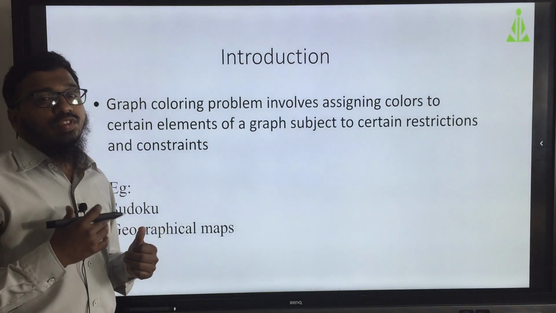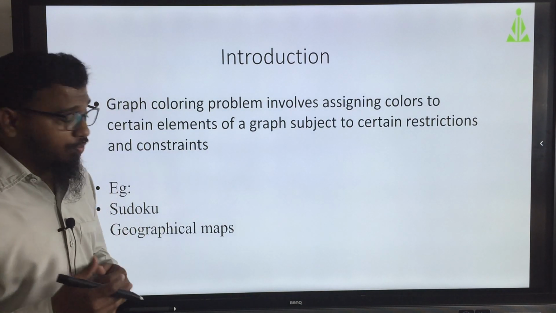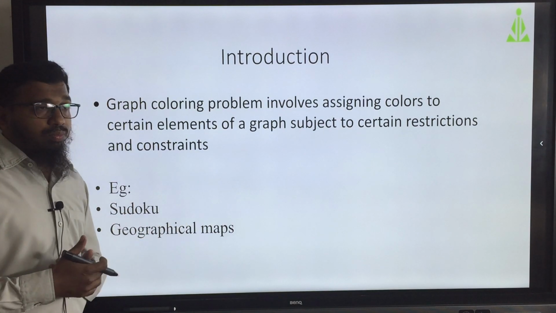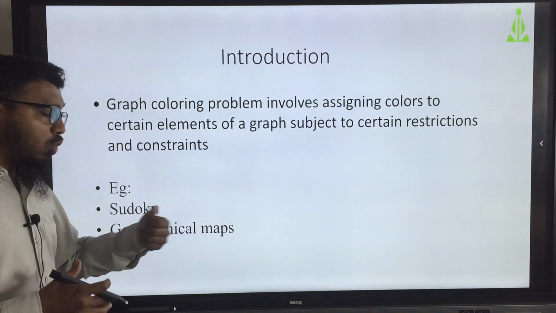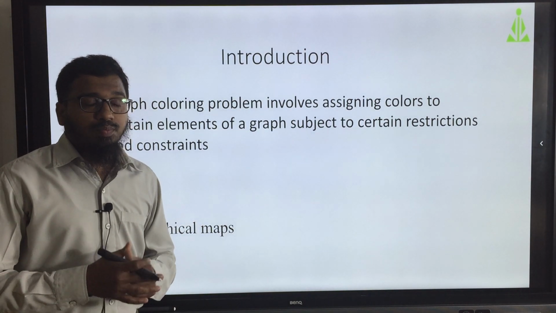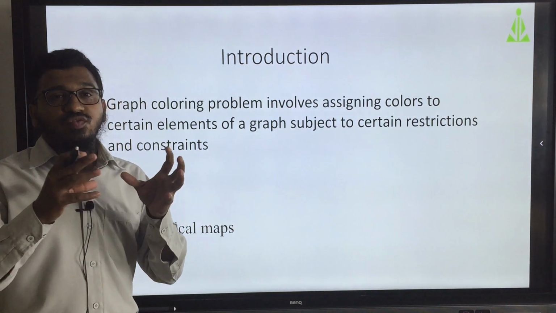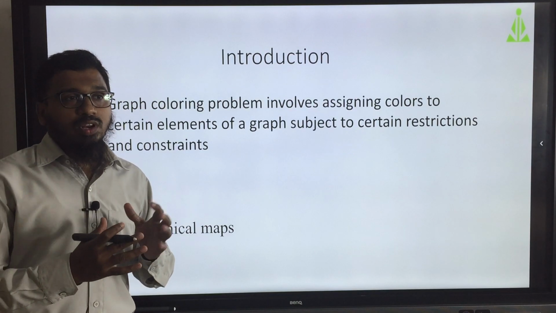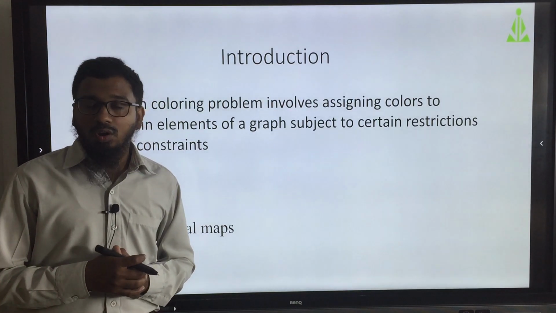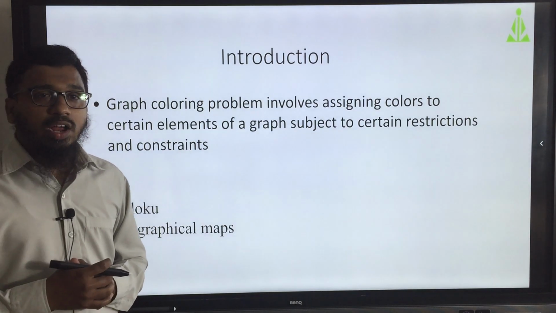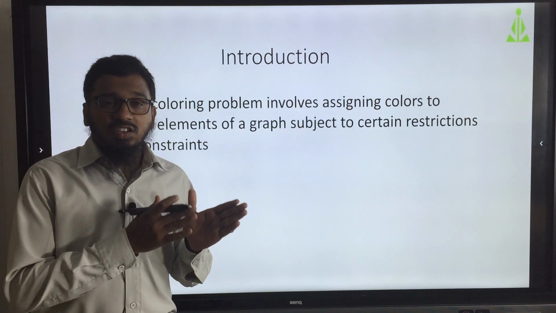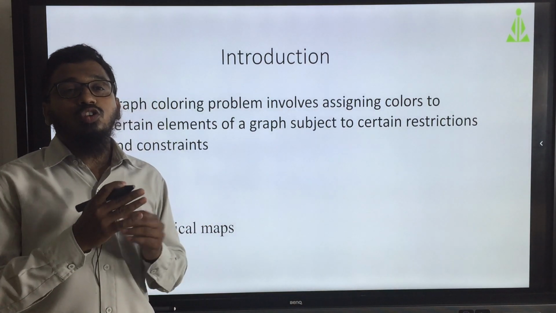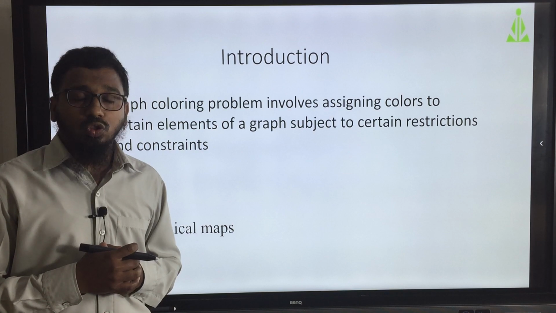Based on those we can give the colors. But where can we use this, like in a geographical map? When you see a map, sometimes every state has a different color. Whenever you see such a map in Google or Wikipedia, you can find that adjacent states or adjacent countries should not have the same color.